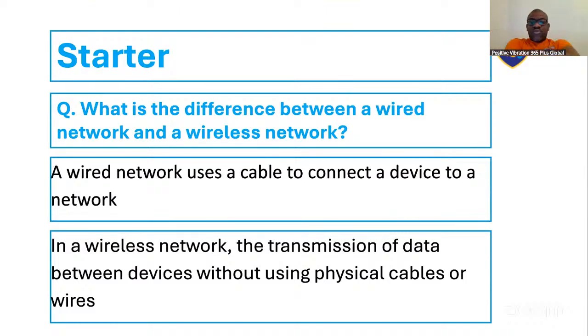Within a wireless network, data is transmitted between devices without using physical cables or wires. So there's no physical cable or wire. Basically, it is passing signals through radio waves. All right, cool.